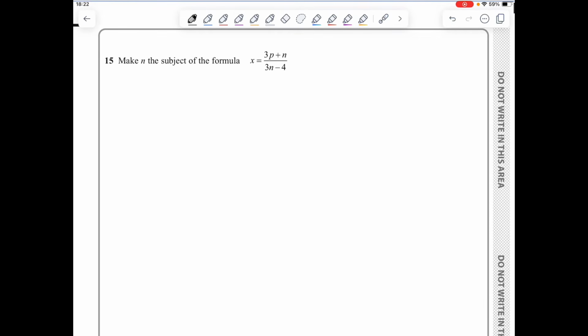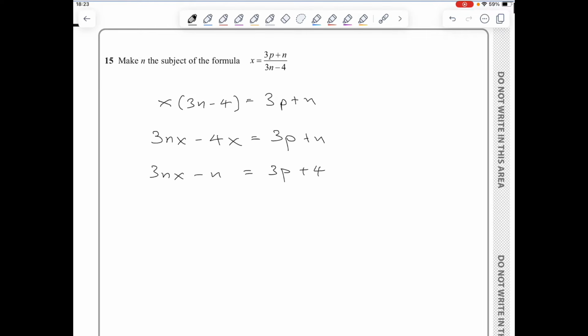For question 15, I'll start by cross multiplying. So x times 3n minus 4 is equal to 3p plus n. Then I'm going to expand the left hand side. 3nx minus 4x equals 3p plus n. I want to collect all the terms that have an n to the left hand side, so 3nx minus n, and take all the other terms to the right hand side.